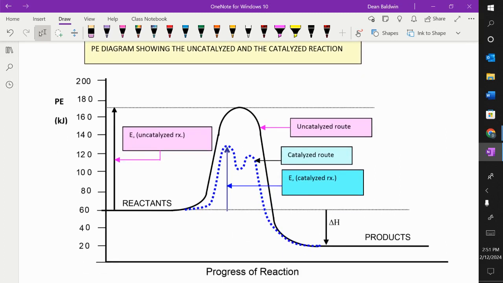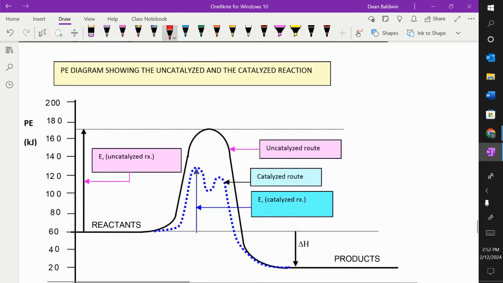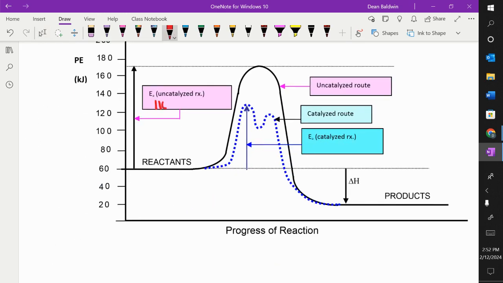Okay, so this is what a catalyst does, basically. You have the uncatalyzed reaction. This is the normal potential energy diagram that we see. Big bump has an activation energy of 170 minus 60, so 110 kilojoules. So EA of the uncatalyzed reaction is going to be 110 kilojoules.